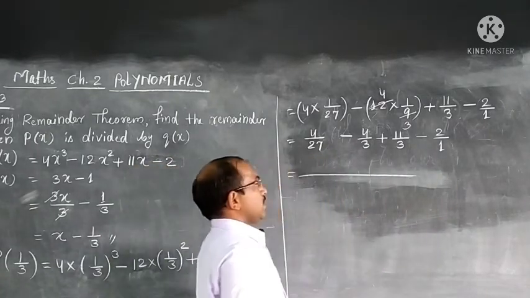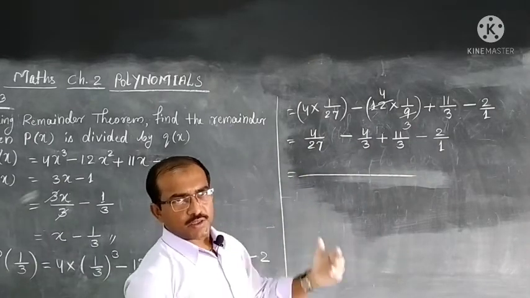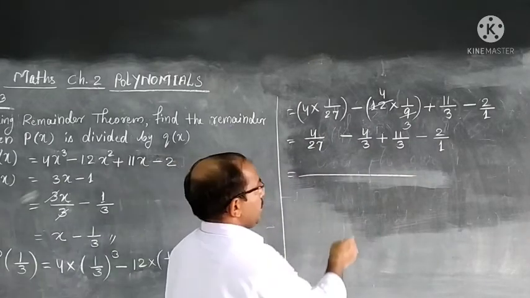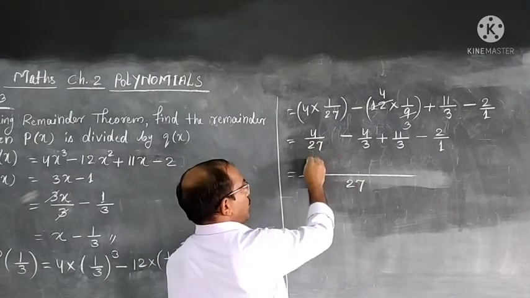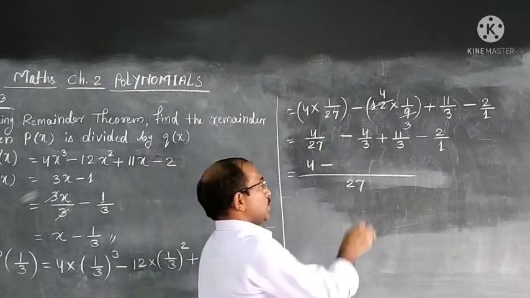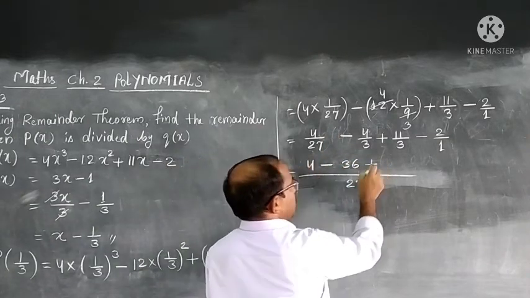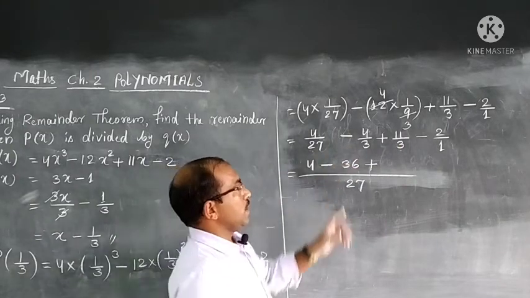Orally you will say 27, 3, 3, LCM, so orally, 3 1s are, 3 1s are, 3 9s are. So, 9 3s are 27, LCM will be 27. 27 divided by 27, 1 into 4. 27 divided by 3, we will get 9, 9 into 4, 36, plus 27 divided by 3, 9, so 9 into 11, 99.